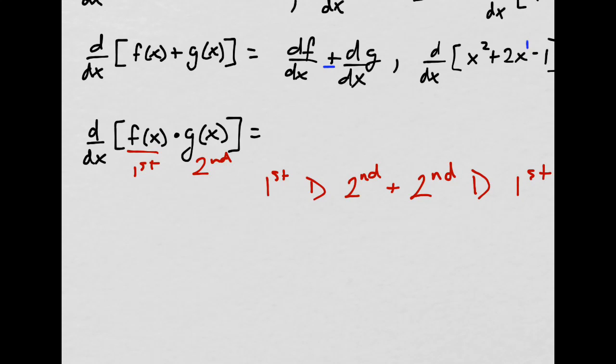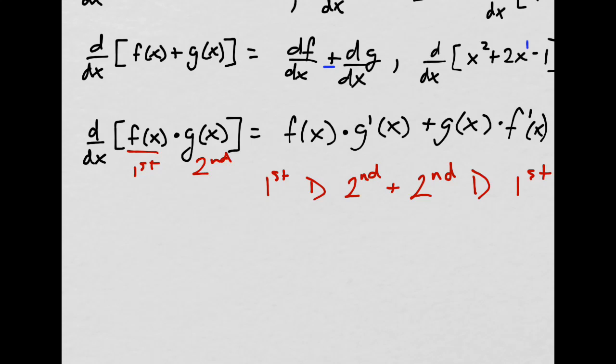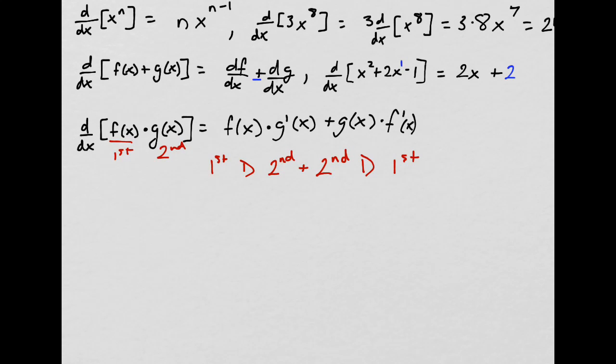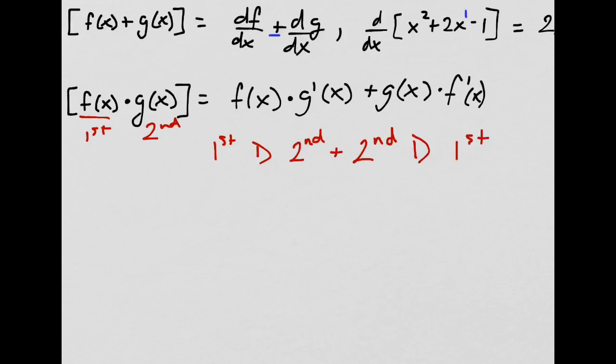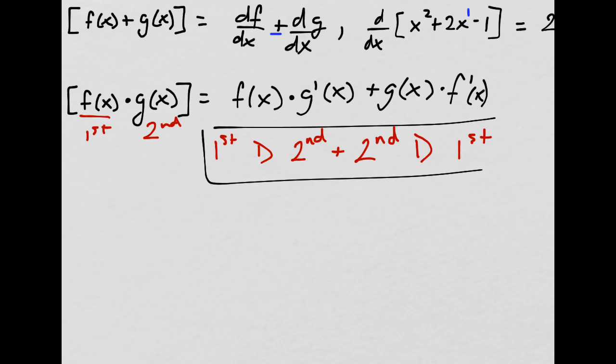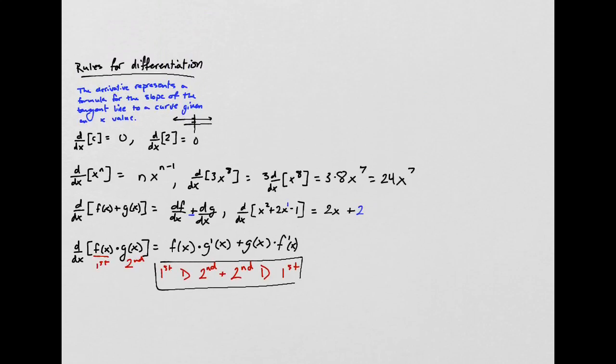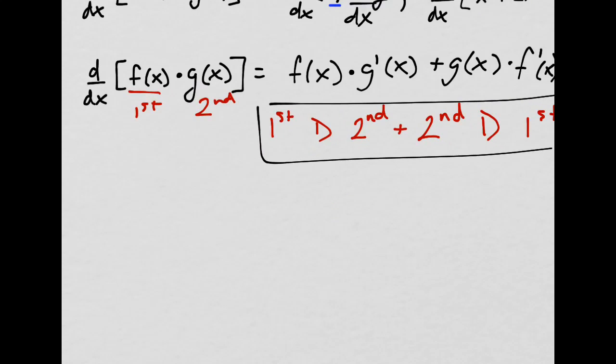First, d second, that's g prime of x, plus second, g of x, d first, times f prime. That's so easy. And then now we look at the quotient rule. So this is what I would remember if you don't have a way of remembering it already. First d second plus second d first.